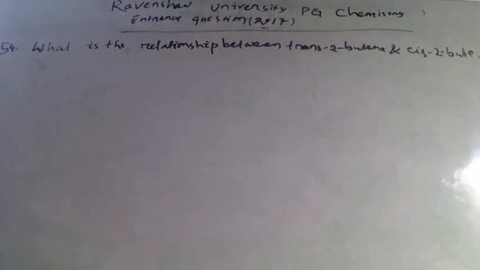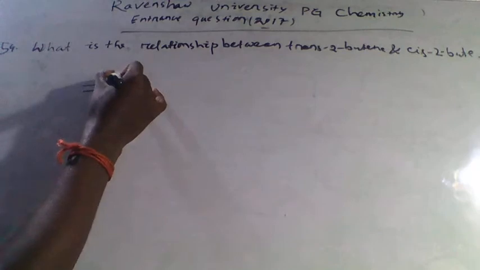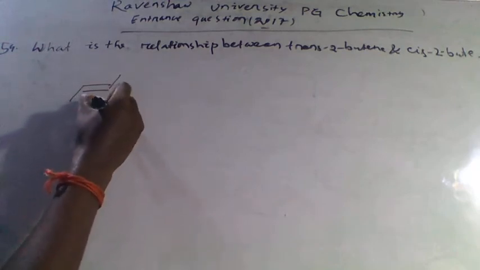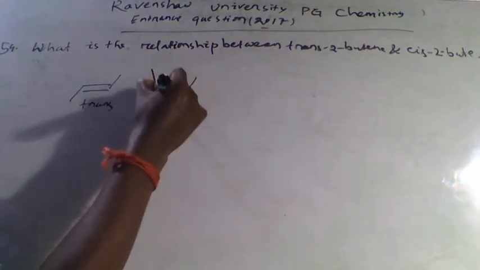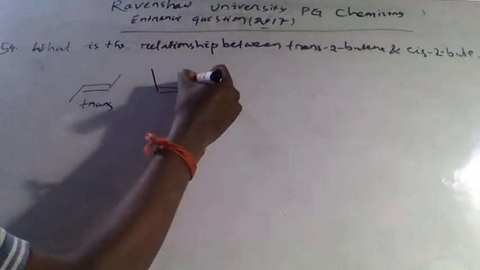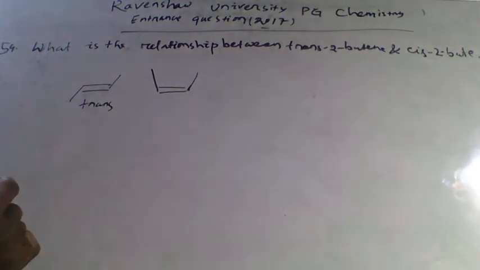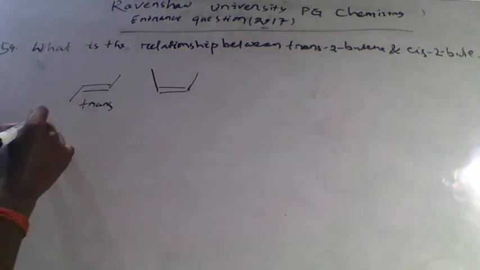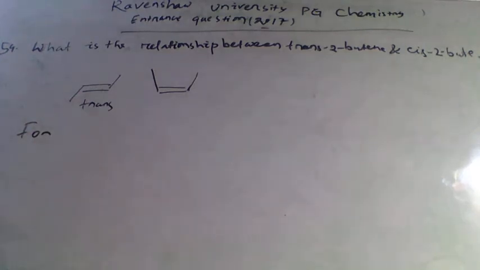Another question will say, what is the relationship between trans 2-butene and cis 2-butene. Here this is trans and this is cis. For a geometrical isomer, for a particular compound, the cis form is a diastereomer to the trans isomer.